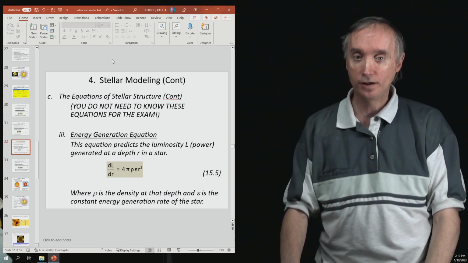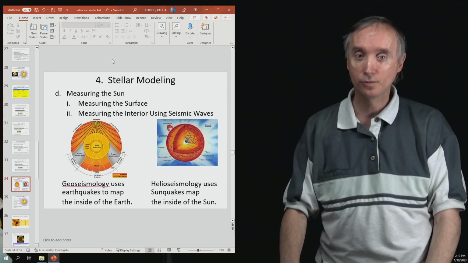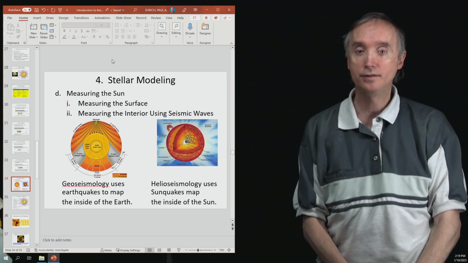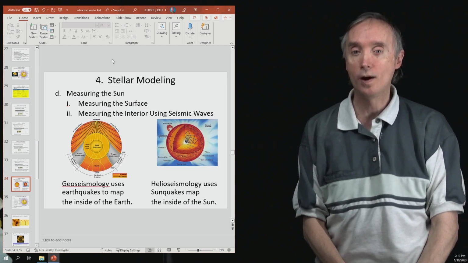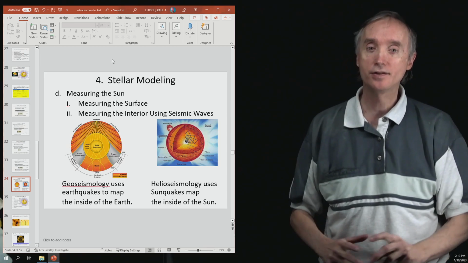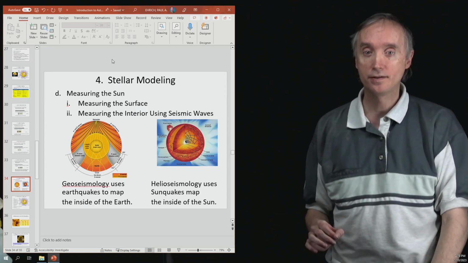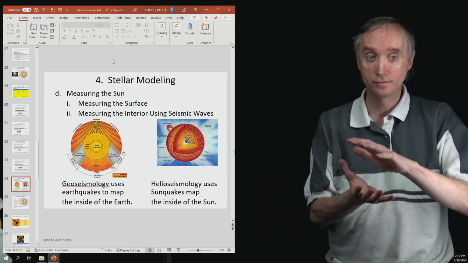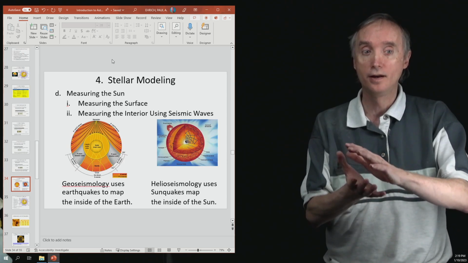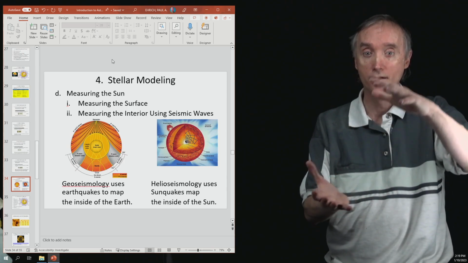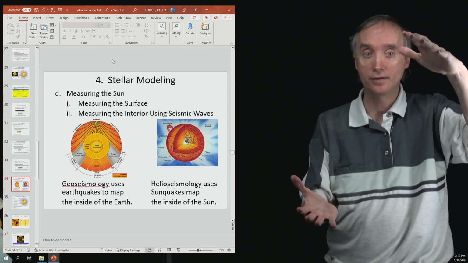Another thing that we can do is measure the seismic waves produced by the sun. So again, let's go back to the Earth. We said that the Earth had an inner solid iron core, outer liquid iron core, mantle, and then the crust.